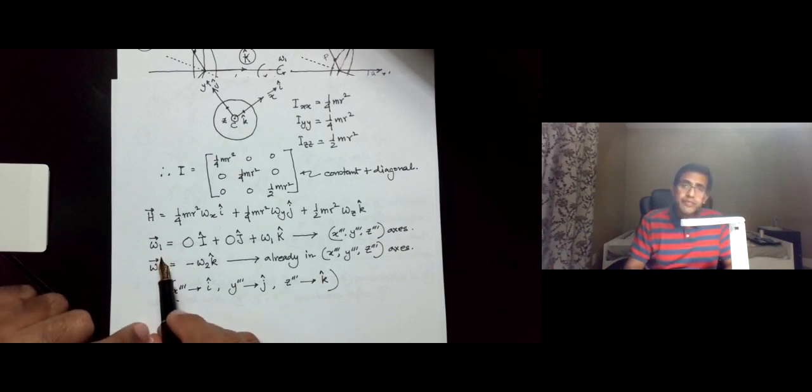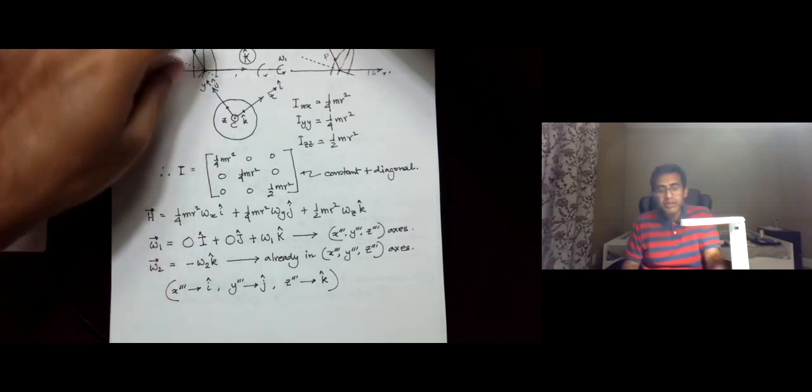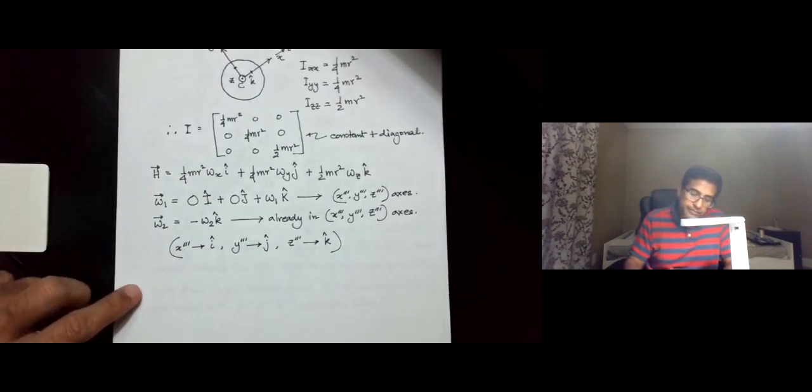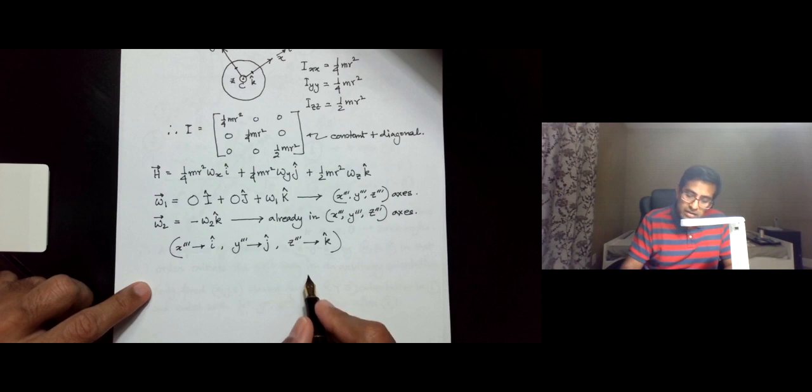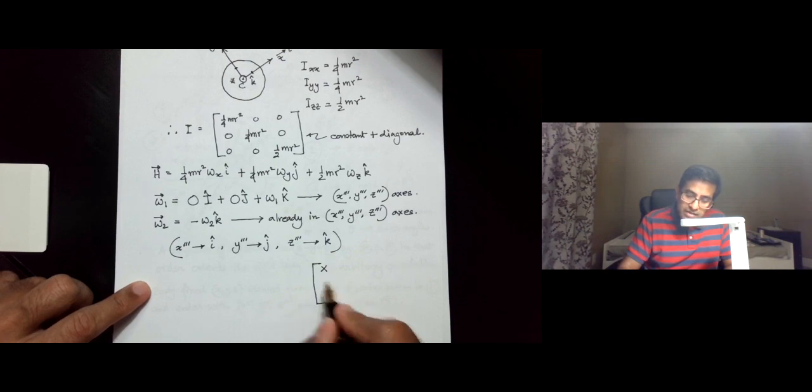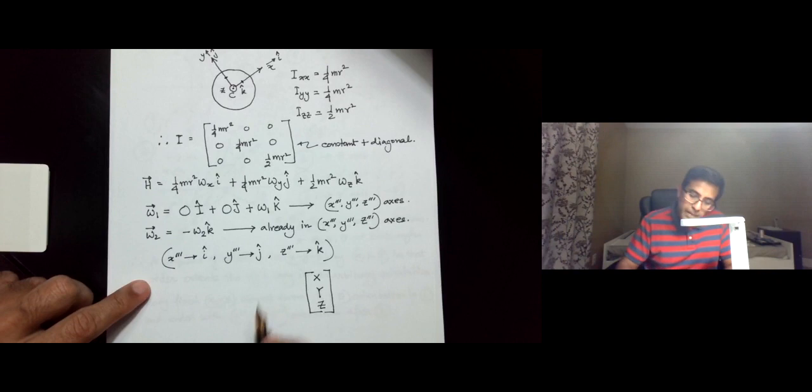So now the question is, how do we express this vector? That one is already done. How do we express omega 1? Right. So here we use what are called rotation matrices, and the general idea is that if I take a vector which is in the original coordinate system, capital X, Y, Z, which in our case was the inertial frame, and we understand that we have first rotated by an angle alpha.